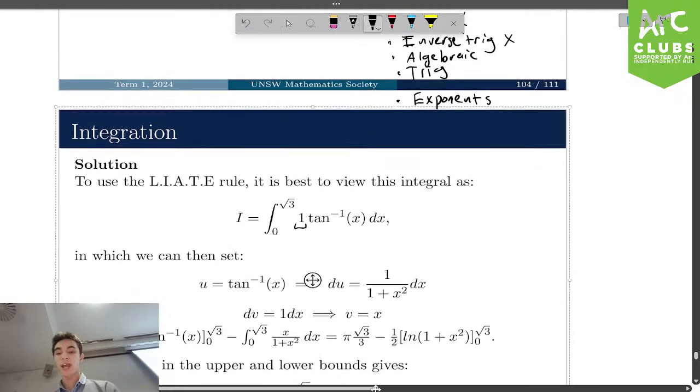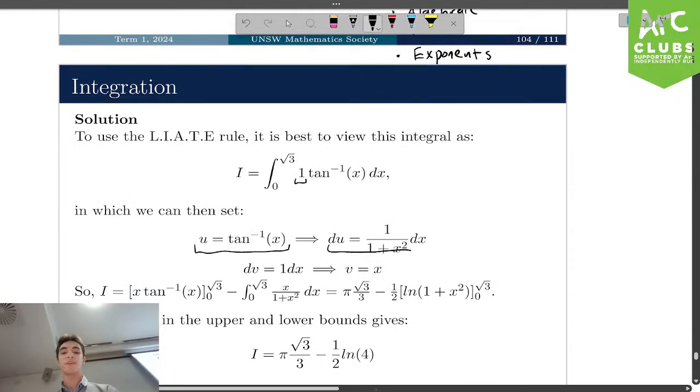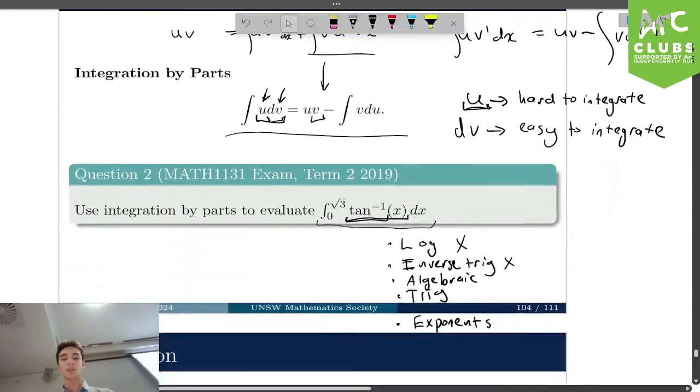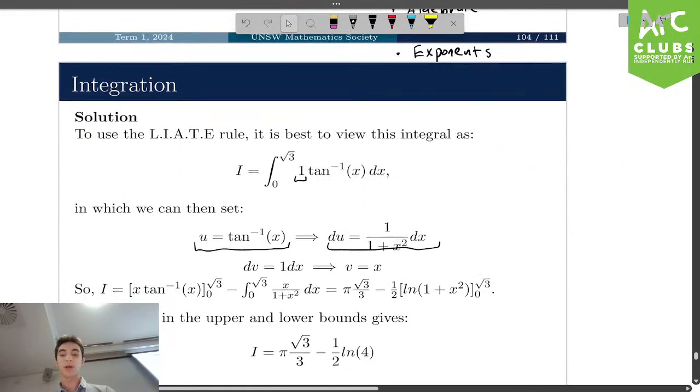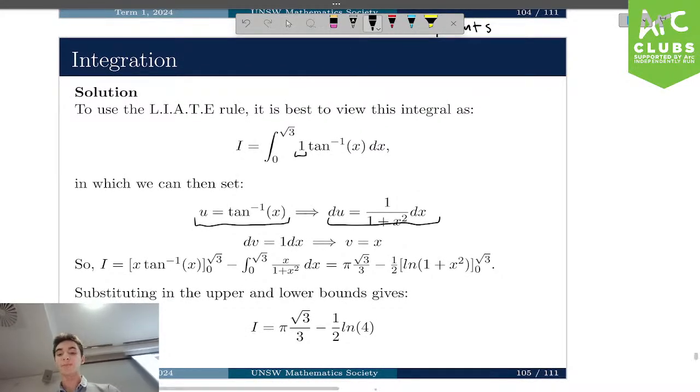So we've chosen our u to be this inverse tan, and that means the derivative, the du that we're going to be substituting into our expression, is just 1 over 1 plus x squared. And we've chosen our dv to just be 1, or 1 dx. And that means that our v component, after integrating, would just be x, okay?